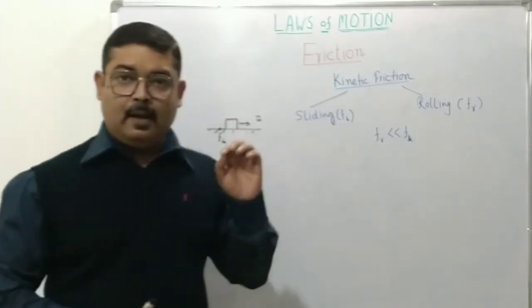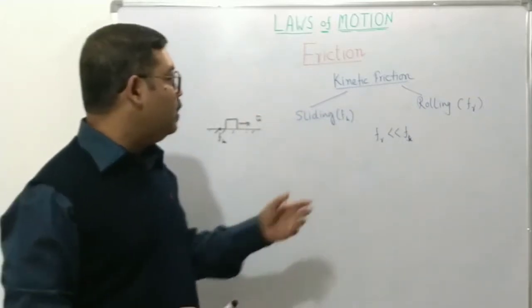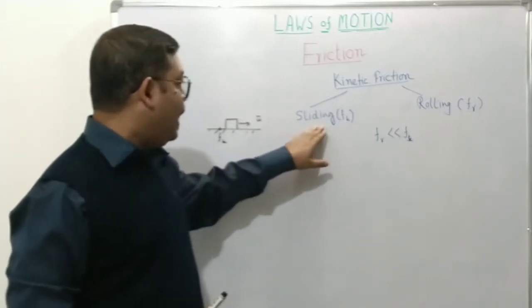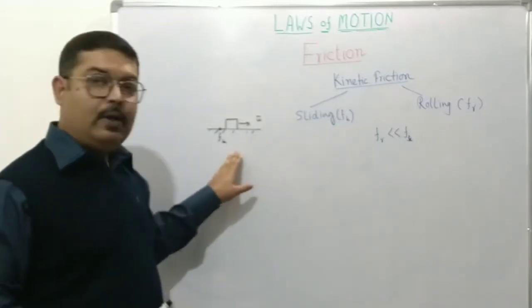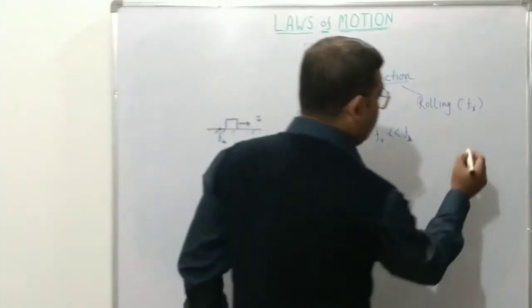However, if you consider kinetic friction, there are two types of kinetic friction. One is known as sliding friction, as we have discussed already, when an object slides over another. The other one is known as rolling friction.